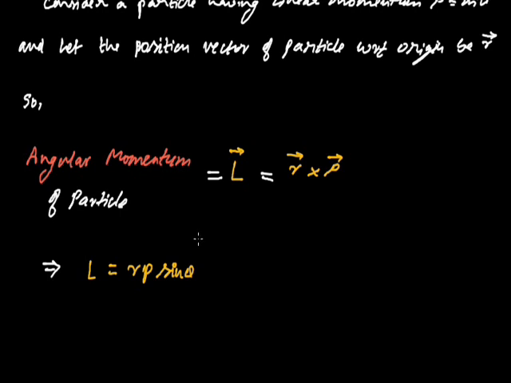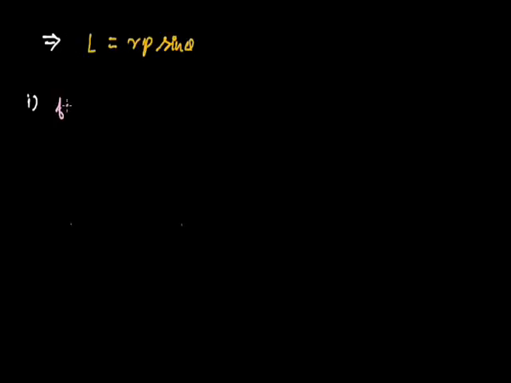It means if the linear momentum of the particle is along the position vector of the particle, whether in the same direction or opposite direction, when theta equals 180 degree, the value of angular momentum will be 0. So for theta equals 0 degree or 180 degree, L equals 0.